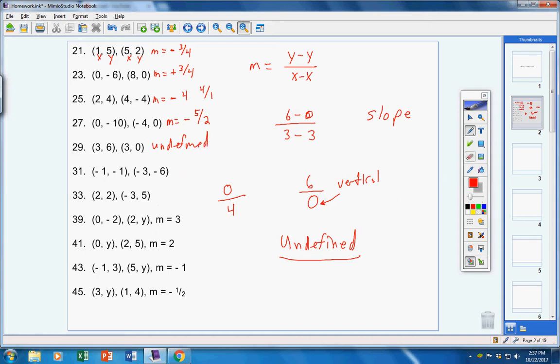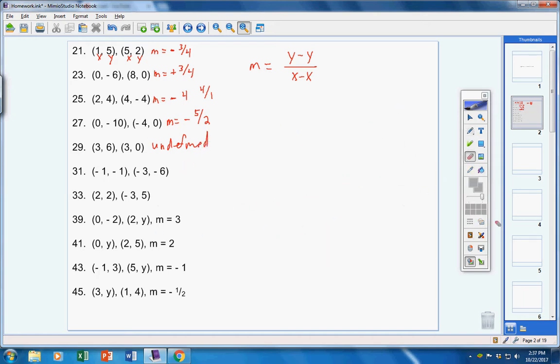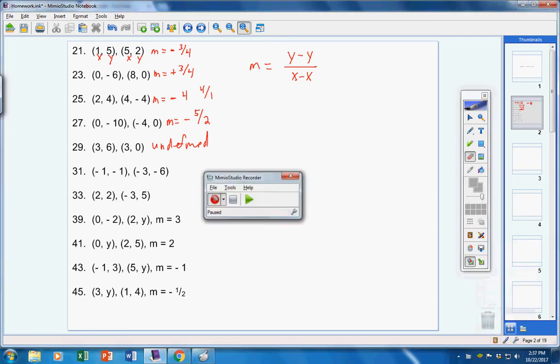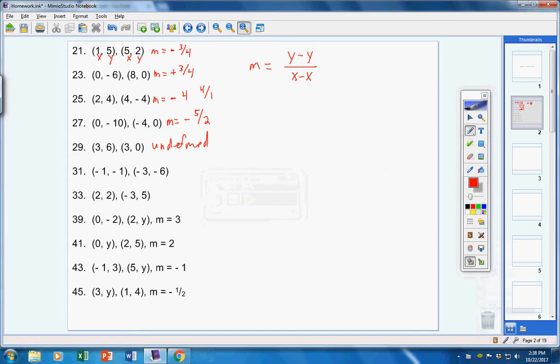Let's move on now to number 31. Okay, students, let's find the slope of the line that passes through these 2 points here. My first y is -1, then minus my second y is -6. My first x is -1, and my second x is -3.